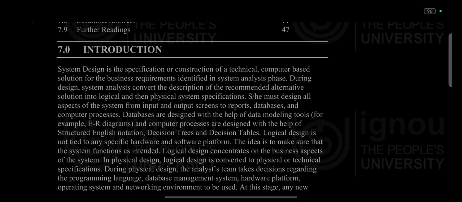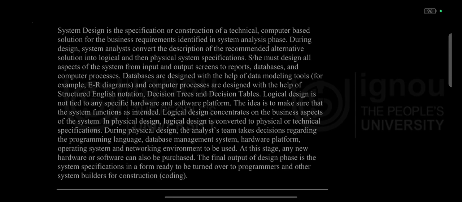In physical design, logical design is converted to physical or technical specifications. During physical design, the analyst team takes decisions regarding the programming language, database management system, hardware platform, operating system, and networking environment to be used.